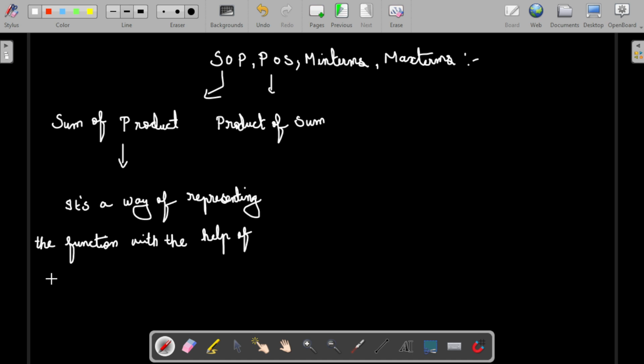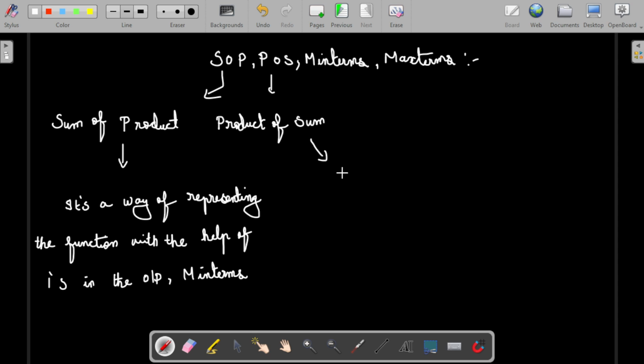The way of representing the output with ones is termed as Minterm. I will explain this more clearly once we get to the output.